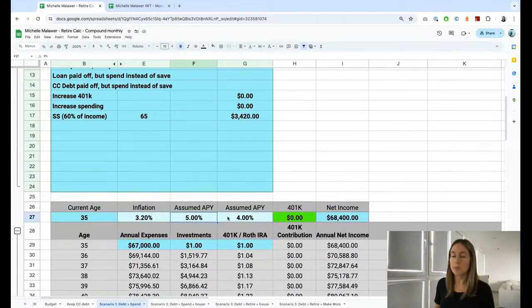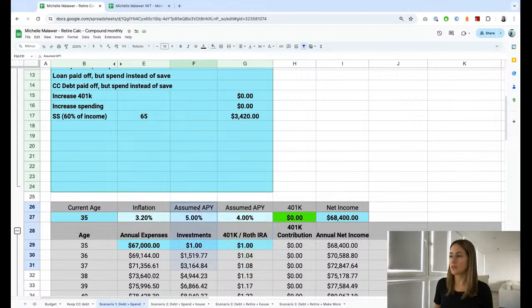Those are arbitrary interest returns on investments. Exactly.